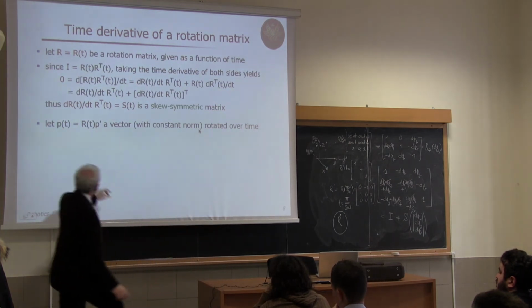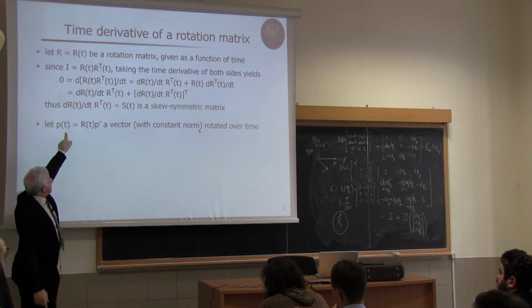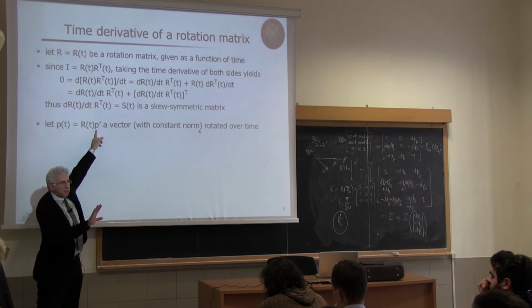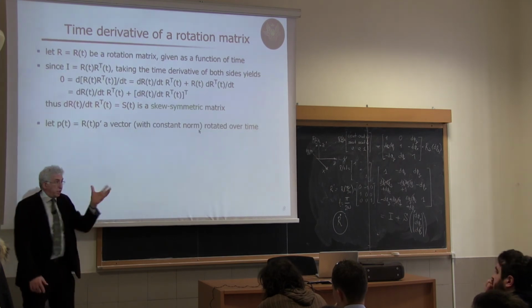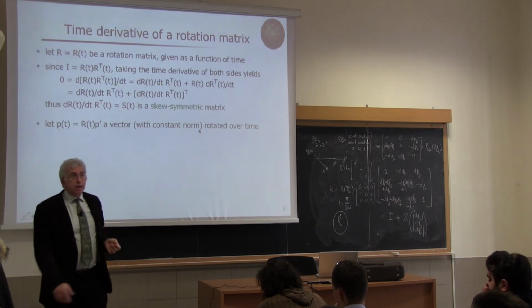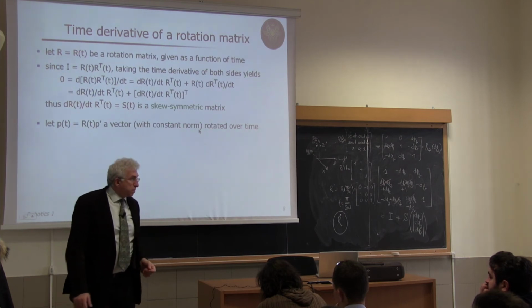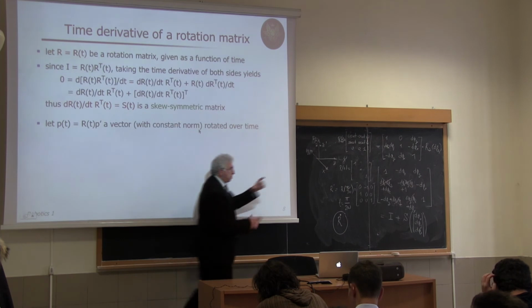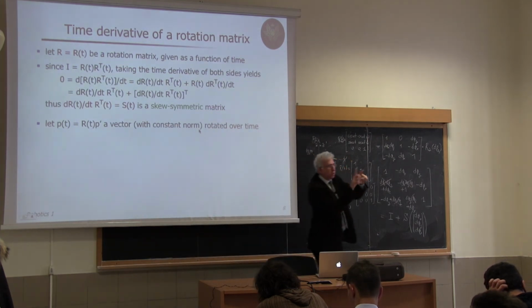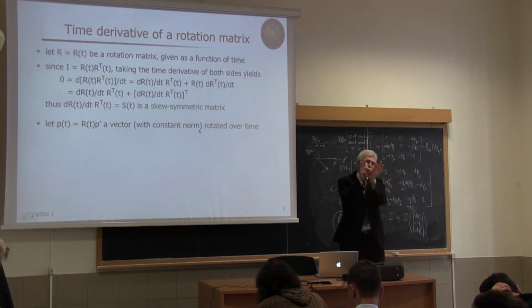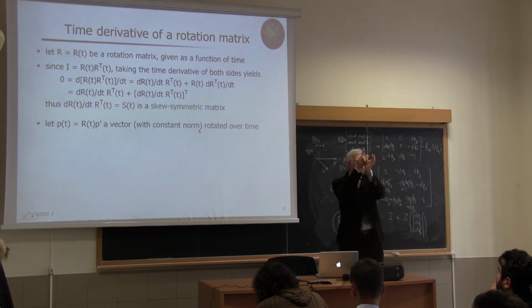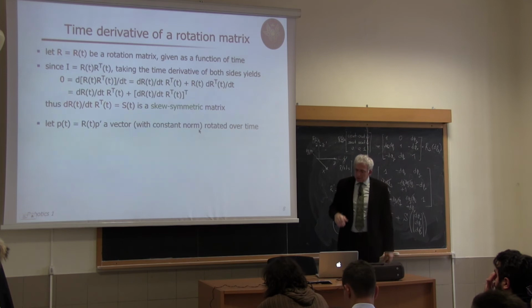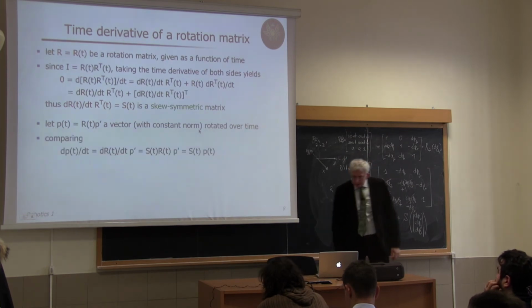So this point has a dependence on time, not because it's moving in the frame, so its position p prime is constant, just because the frame is changing its orientation. Okay? So constant norm means that this vector is always the same. So this is a frame, there's a distance from the origin, so it changes, but it doesn't expand or change orientation inside the frame.